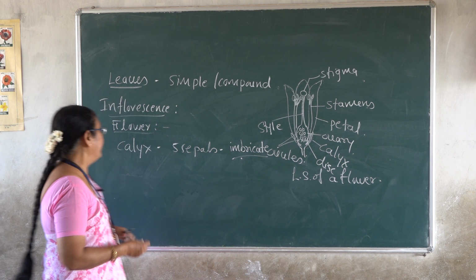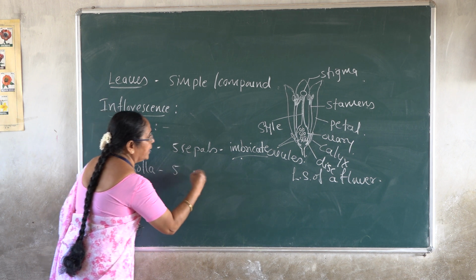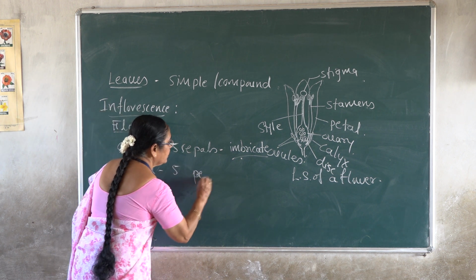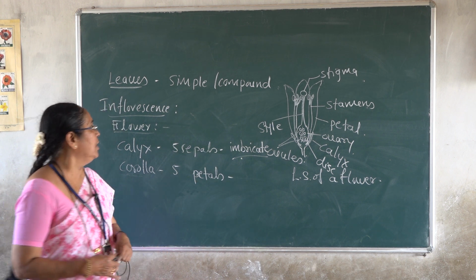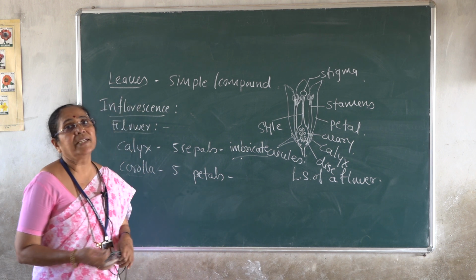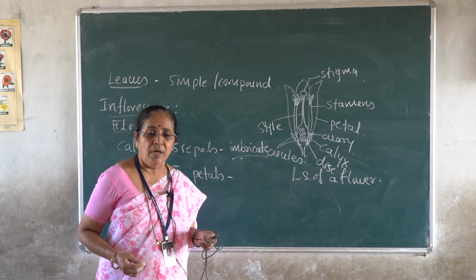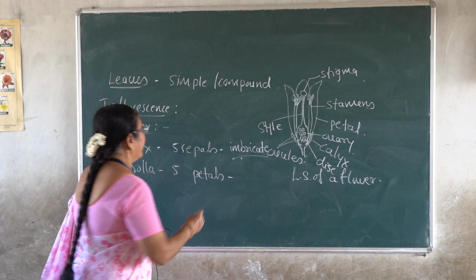Corolla of the family members. The corolla is again made up of 5 petals, and all 5 petals are free, polypetalous in nature. The calyx may be free or slightly fused at the base, but the corolla is characterized by the polypetalous condition, generally with imbricate estivation.